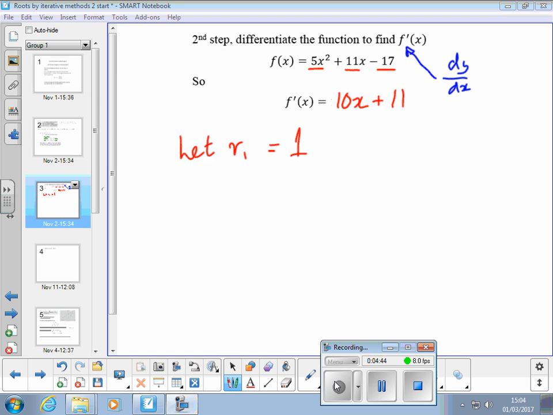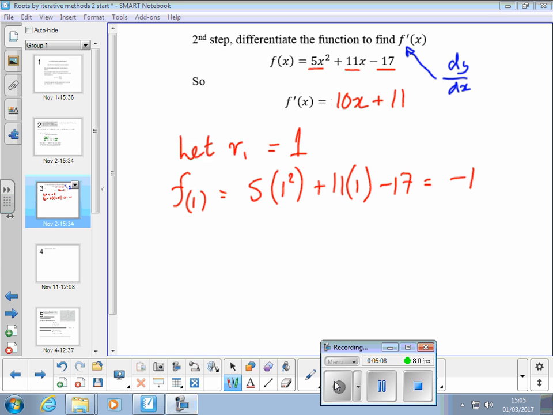But if we let that equal 1, we already know that the function at 1 was equal to 5 times 1 squared plus 11 times 1 minus 17, equals minus 1.